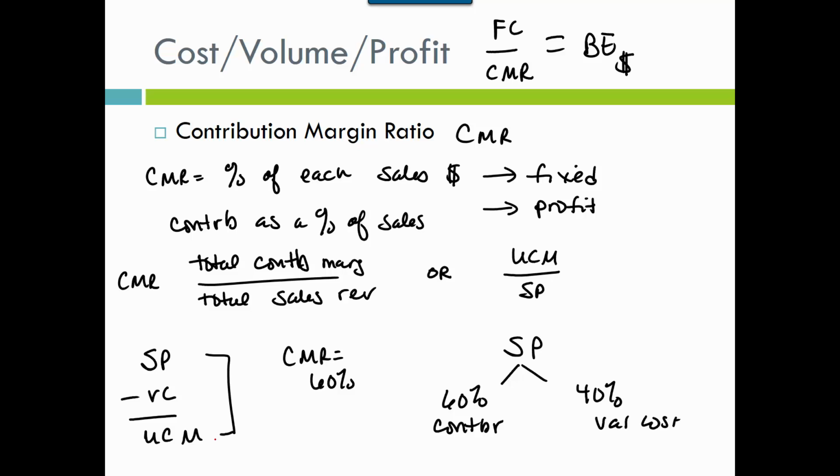That can be a handy relationship because it will always be the same. The total sales volume will change, but even if my sales go up or down, variable costs are always going to be 40% of the sales revenue in this example, and contribution will be the other 60%. So once you know one of those, you can figure out the other.